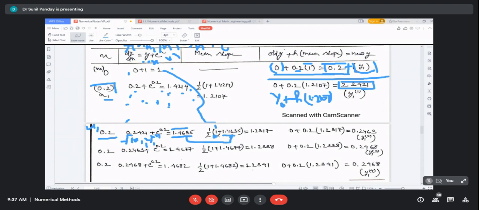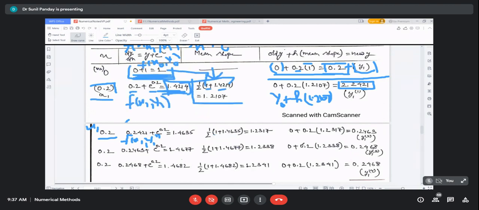The first slope always remains f of x naught y naught, and the second will change as per the updated value. So now we have this as the mean of the two slopes. Then again we write y naught plus h into this value, and we are getting y1, the second updated value of y1. So again here, we modify it for x1.